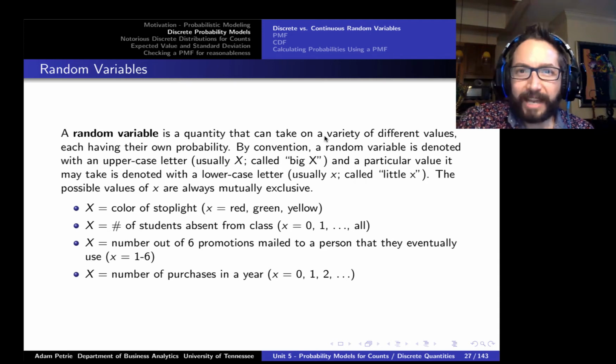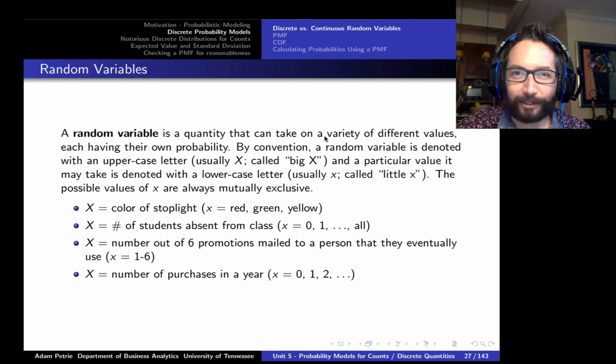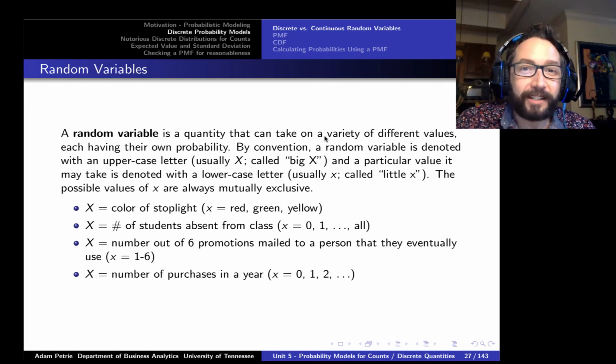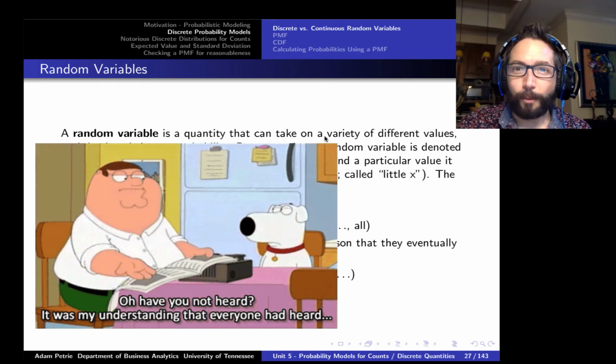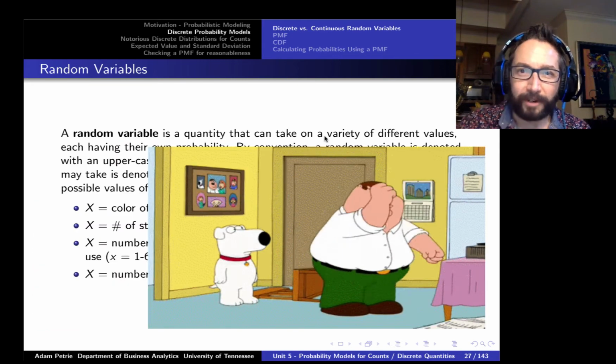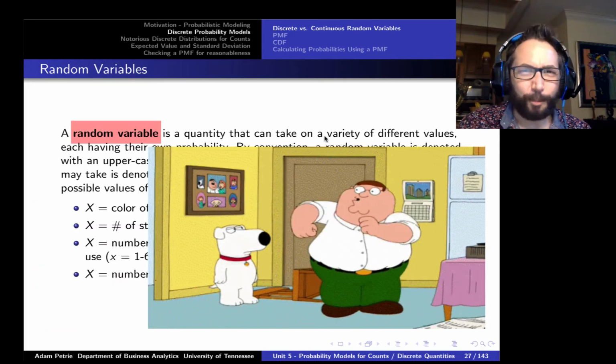So we can't really have a discussion of a probability model without introducing some of the formalism that's been laid down over the years. If you open up any sort of probability textbook, if you go to Wikipedia and start looking at probability distributions, you're going to see this word, and I want to make sure you're familiar with what this word means. And the word is random variables. I guess it's more of a phrase.